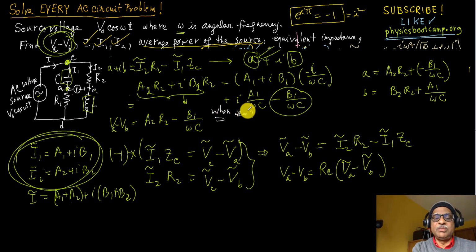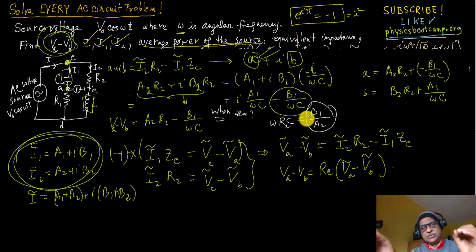That question can be answered when you can see omega times R2 C has to be equal to B1 over A2. So you've got to figure out these guys, and then you can get the condition. When you work it out, you'll find out that it depends on the impedance. So it's a long-winded calculation.